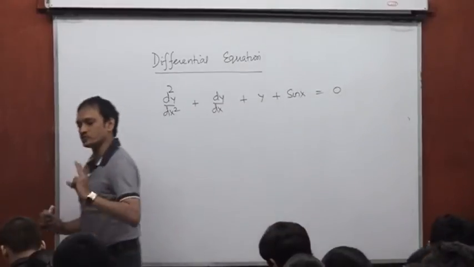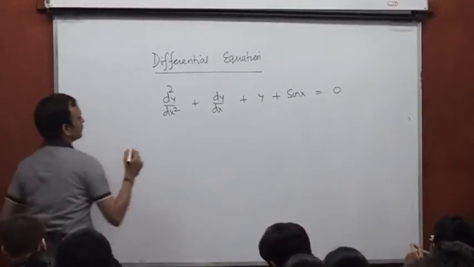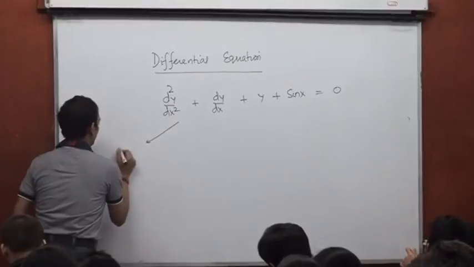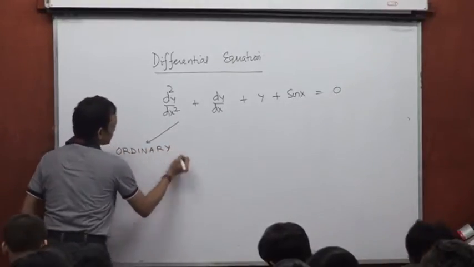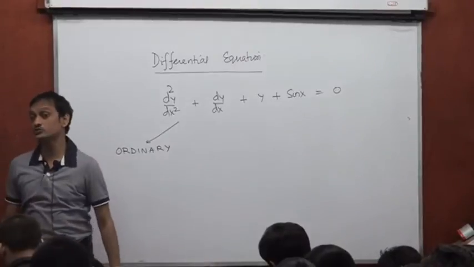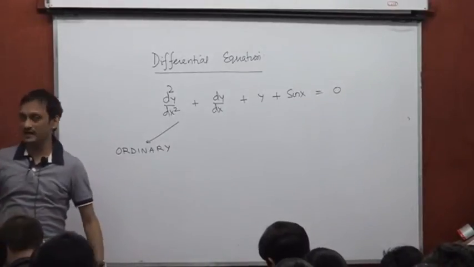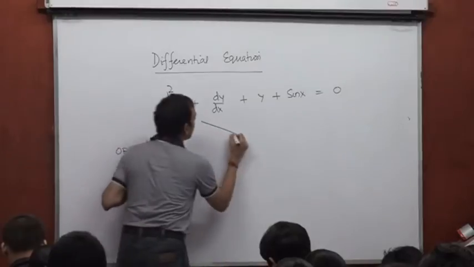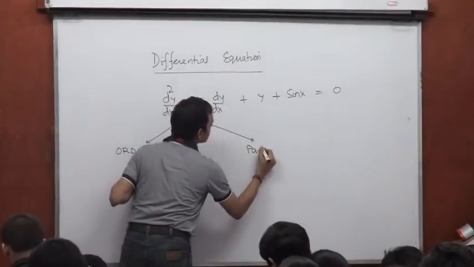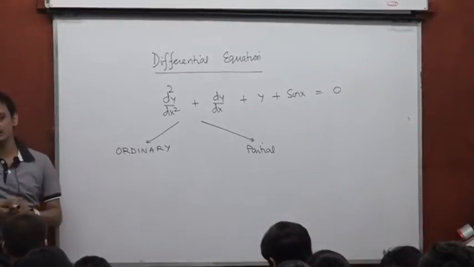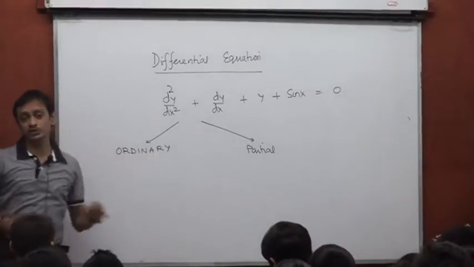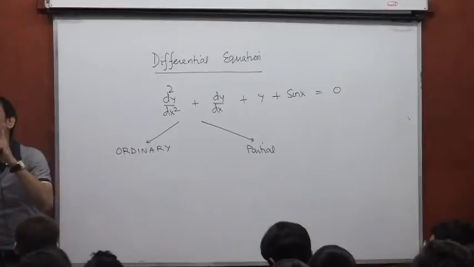There are two kinds of differential equations. The ordinary differential equations, which is where our focus would be at this level. And then there are partial differential equations, PDEs. The ordinary differential equation has just one independent variable.